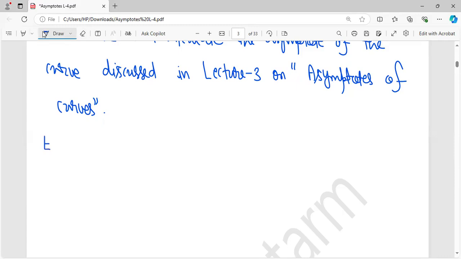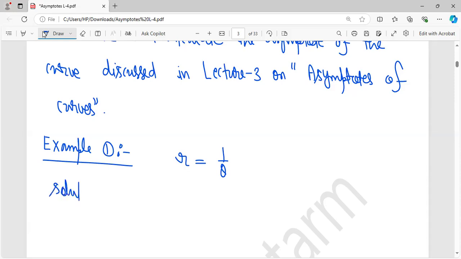So an example we are taking. See this example: r is equal to 1 by theta. We have to calculate its asymptote.